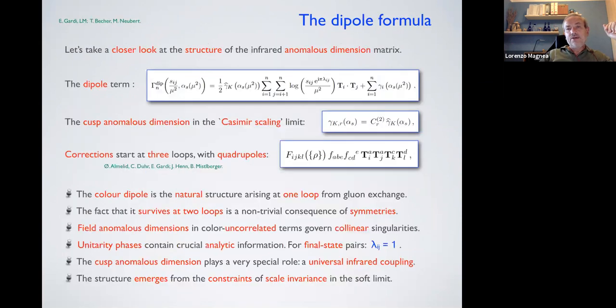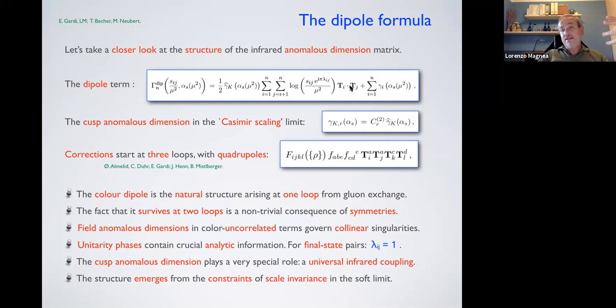Now, in that language, this dipole thing that I wrote, one can write it in this way, and you see it's really a very, very simple object. And briefly, people hoped that this was actually the answer to all order perturbation theory. Then we learned about corrections. So you see, this color structure here, Ti.Tj, is really just one gluon attaching between 2 legs, and this is what you get at 1 loop.